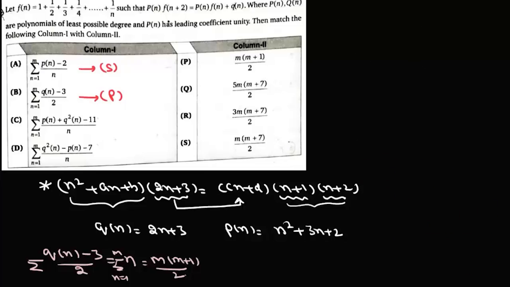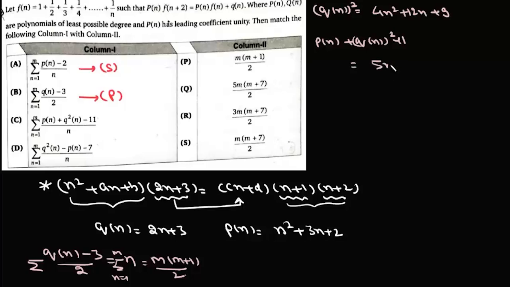Now for the next one, we need Qn square, and this Qn square will be 4n square plus 12n plus 9. Now Pn plus Qn square minus 11, that will be 4n square plus n square.